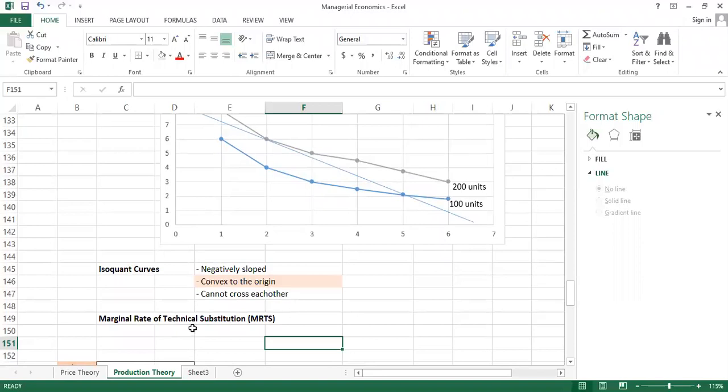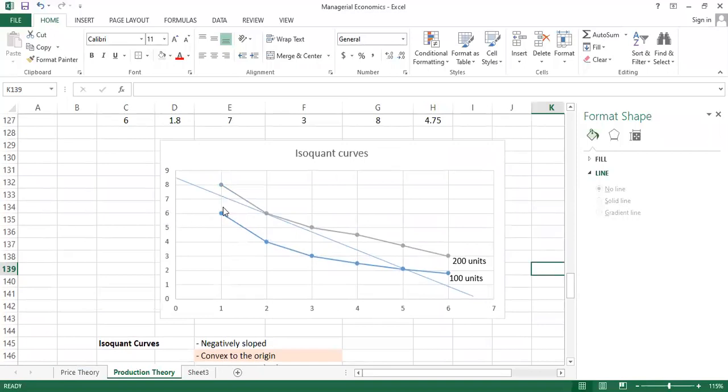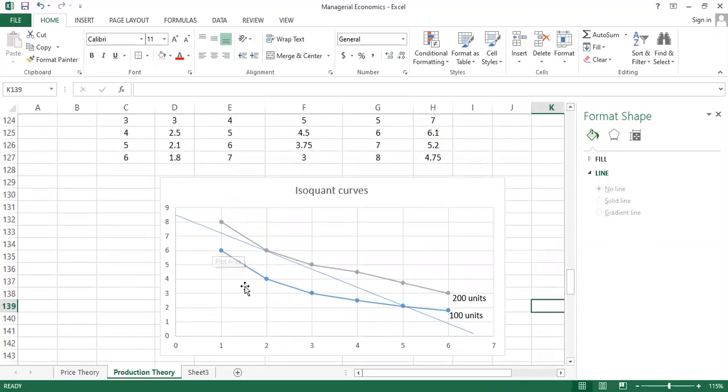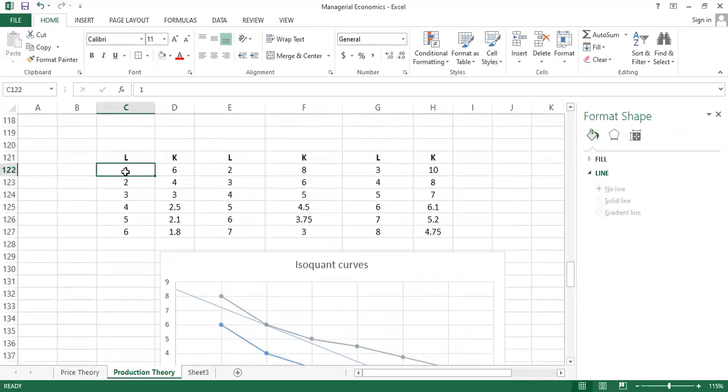That is the meaning of marginal rate of technical substitution: the level of one input which can be reduced when the other input increases. For example, on this isoquant curve, when we increase labor from 1 to 2, the capital is reduced from 6 to 4, so 2 units of capital reduced.